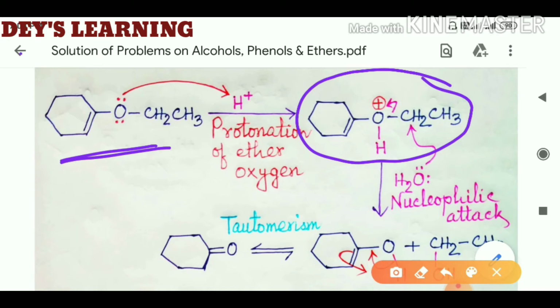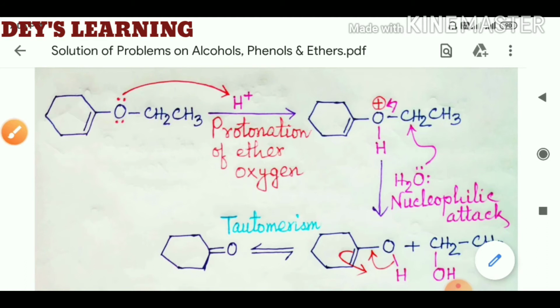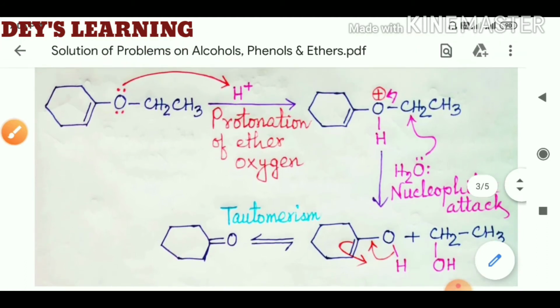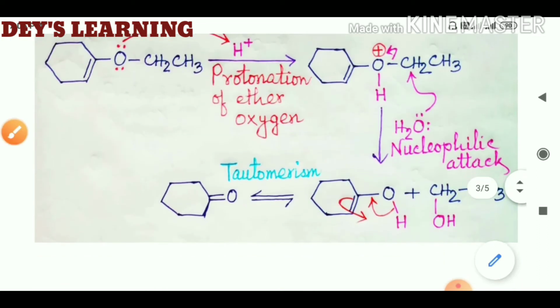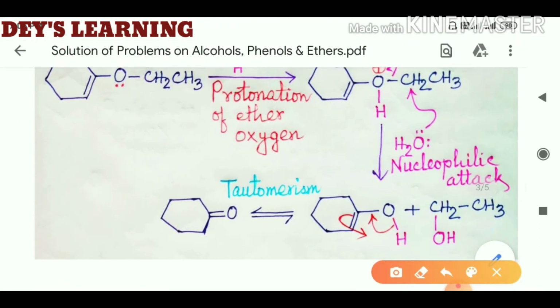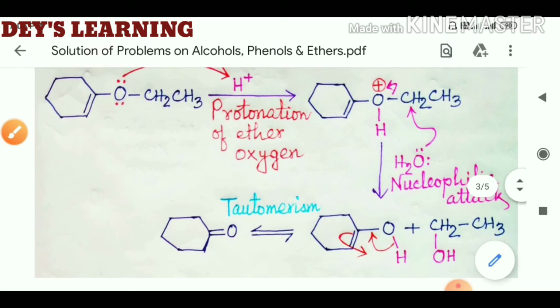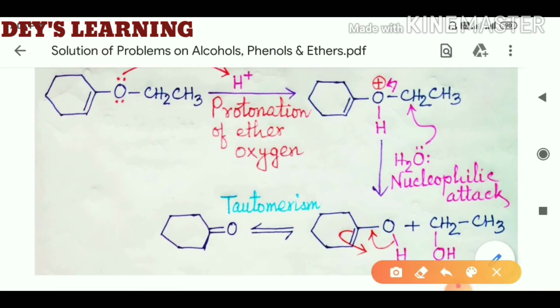So the nucleophilic attack of the water molecule will occur here, and as a result the molecule will be fragmented.